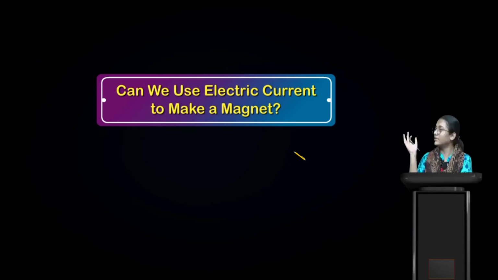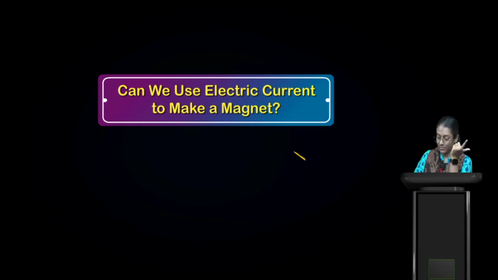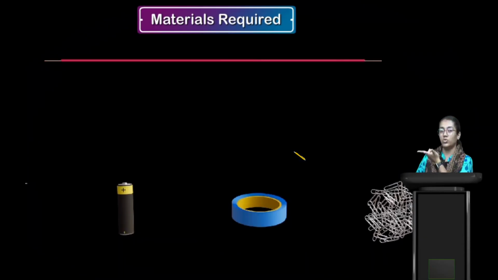Very good. Okay, now next topic is, can we use electric current to make a magnet? Like by using this method, can we also produce one magnet? Let's see. For this we have to do another activity, and to do that activity we have to collect certain objects.